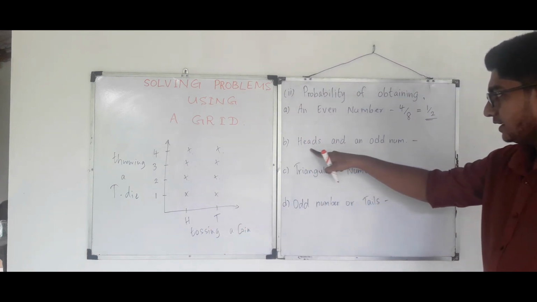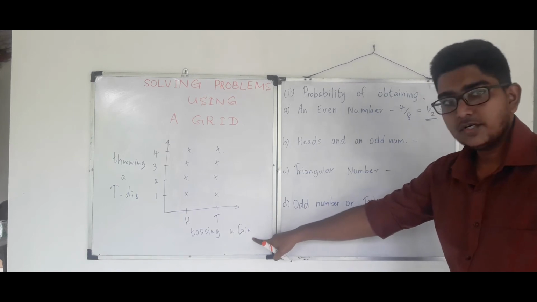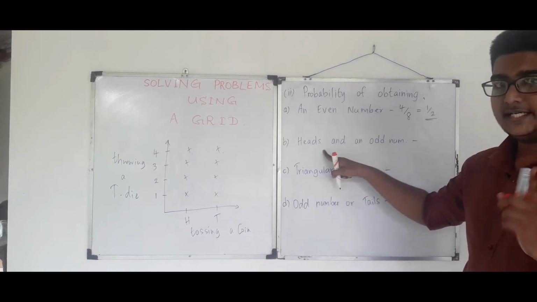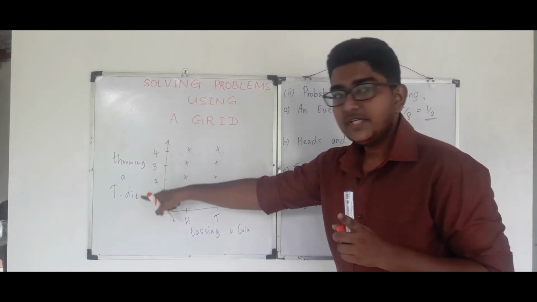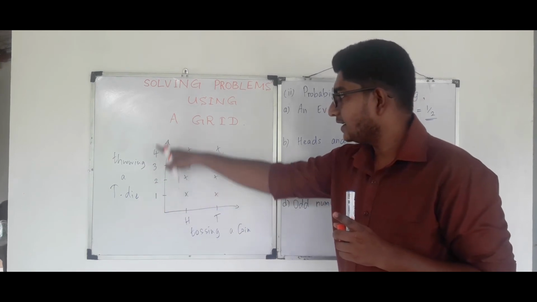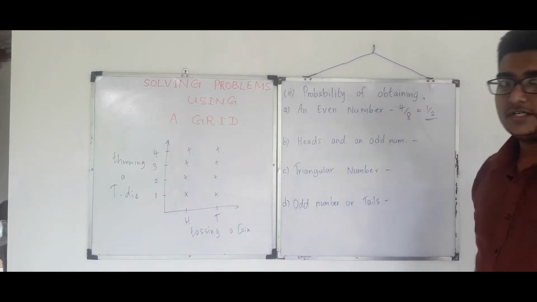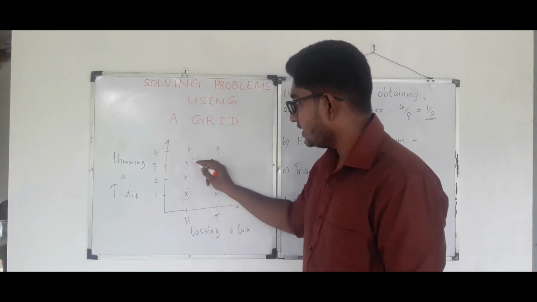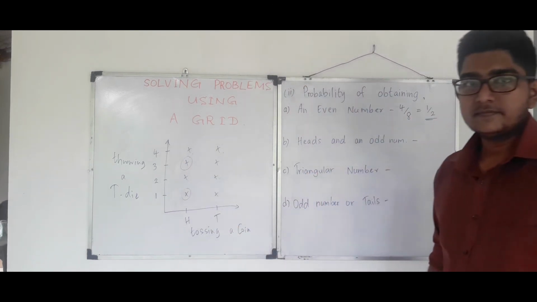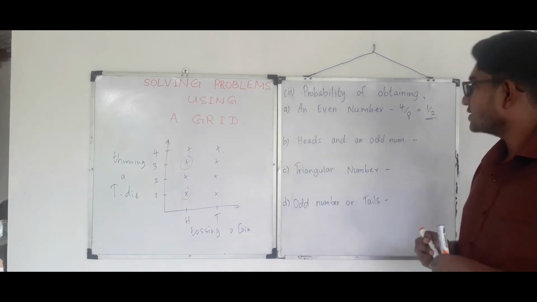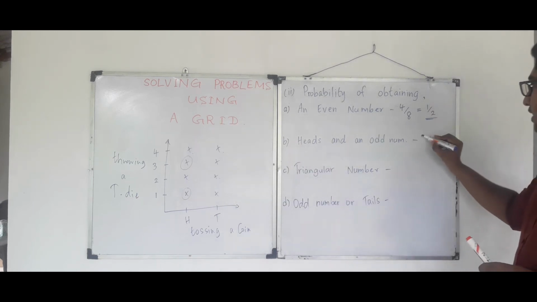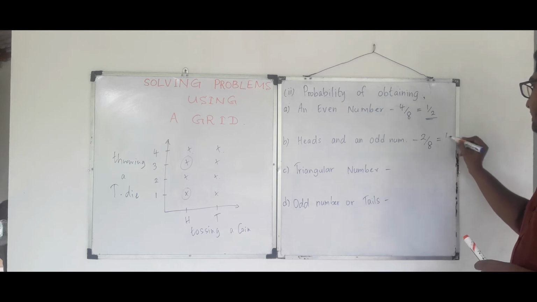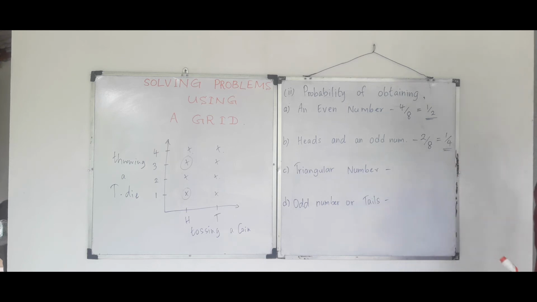Again, in the tossing a coin axis, it should be a head. In the throwing a tetrahedral die axis, it should be an odd number. So what are the crosses? Head and 1, head and 3. We have 2 crosses marked out of 8. Probability is 1/4.